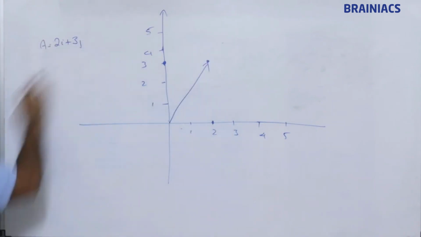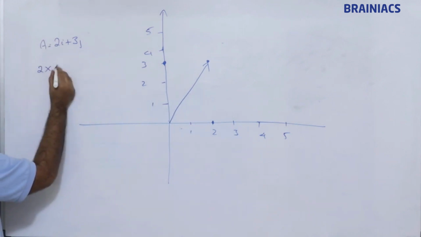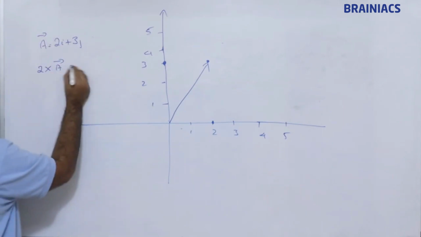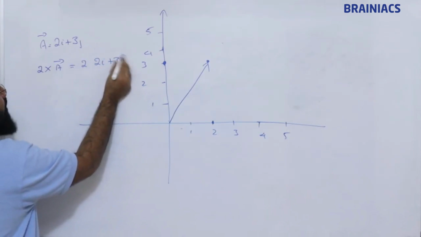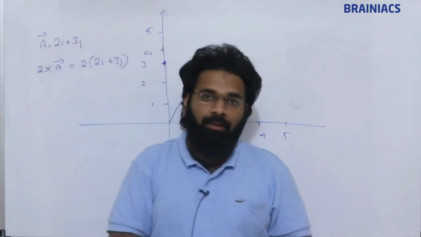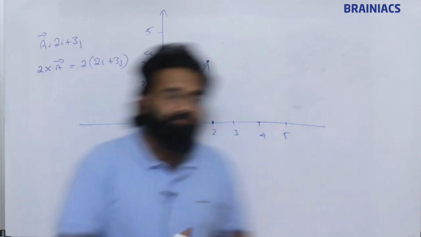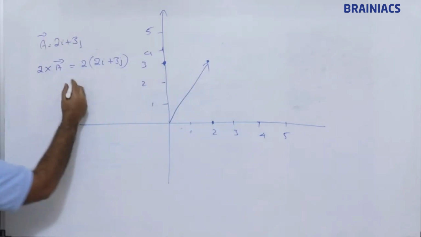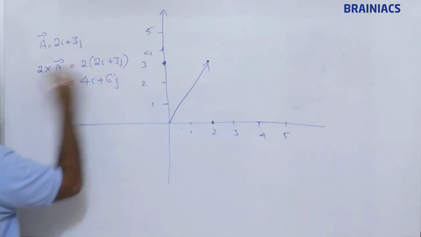Clear? 2i plus 3j. Suppose I am multiplying 2 into vector A. This will become 2 into 2i plus 3j. This 2 is a scalar, a simple number. If I am multiplying a scalar with a vector, what will happen? This will become 4i plus 6j.